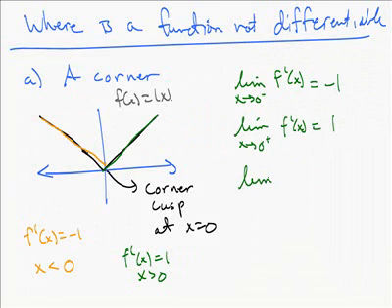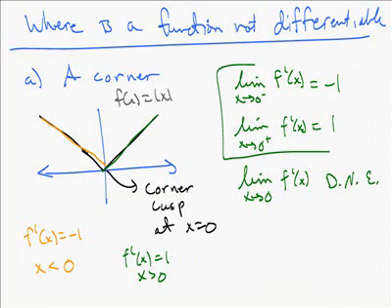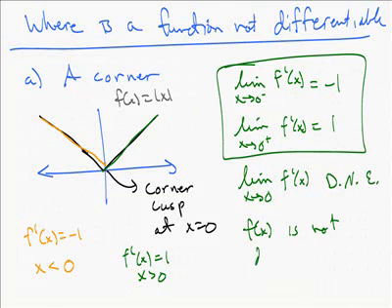Well, that tells me then that the limit as x approaches 0 of f prime of x does not exist. Why is that? Because for a limit to exist, the derivatives coming from the left and the right have to be the same. So we would say that f of x is not differentiable at x equals a.